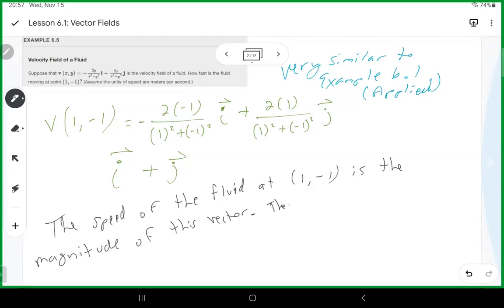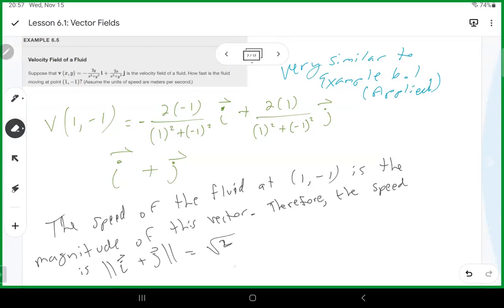Therefore, the speed is the magnitude of i plus j, which is equal to the square root of 2 meters per second.